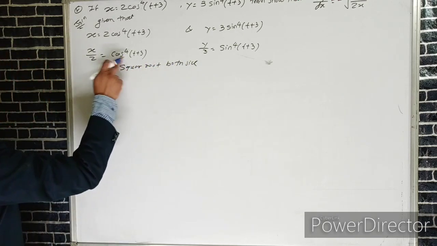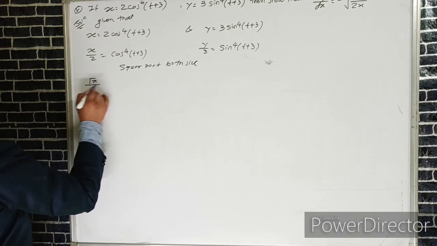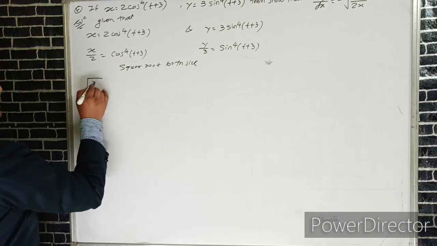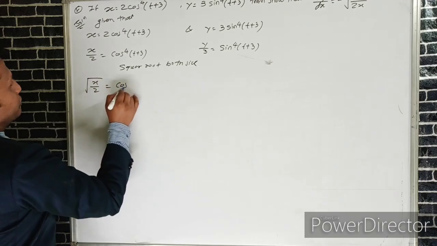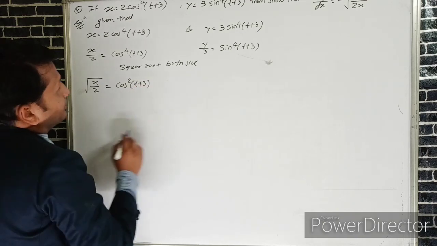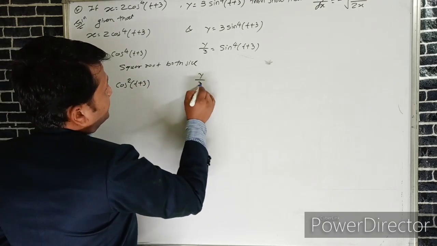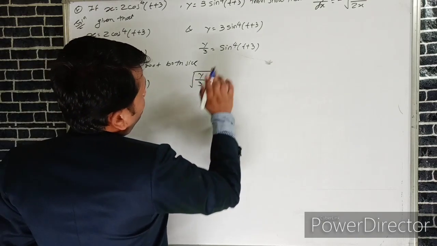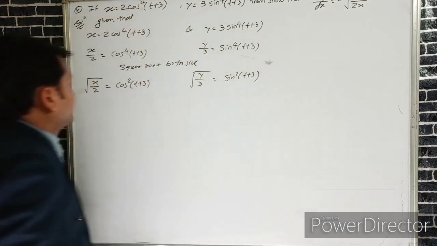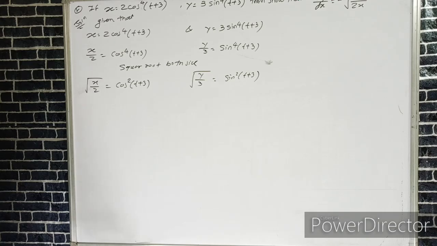we can write under root of x by 2 is equal to the square root of 4, which is 2, cos square of t plus 3, and under root of y by 3 is equal to, we can write, sin square t plus 3.